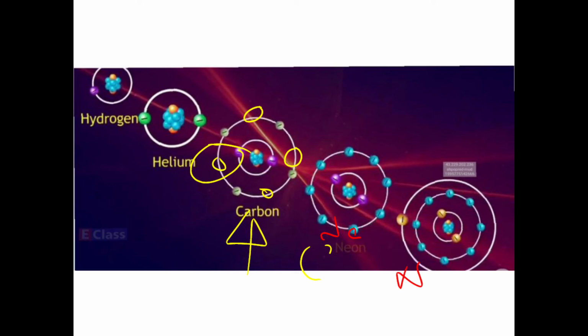Okay, now here neon has the electronic configuration 2-8, so the octet is filled, no need to work with others, so valency becomes 0. Sodium 2-8-1.